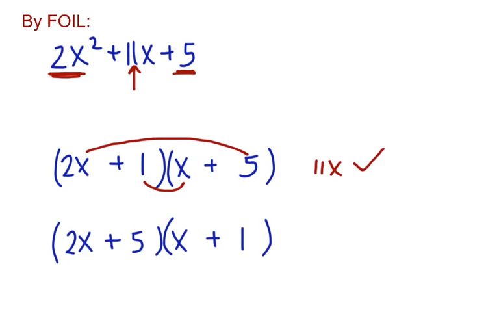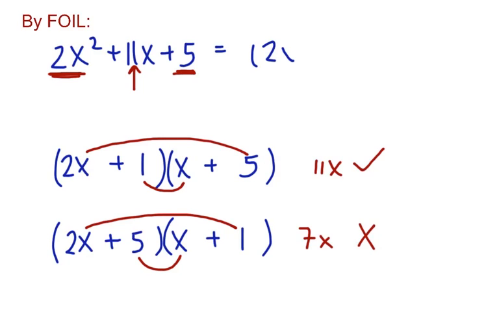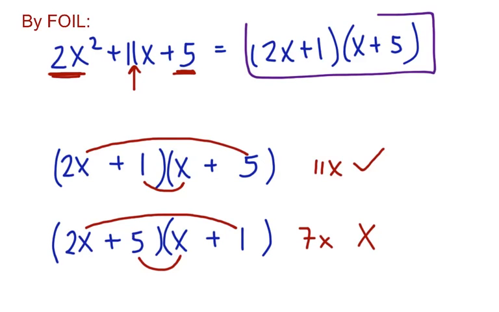But just to prove the point that that was the only one that worked, our outer here was 2x, our inner was 5x, that would have added to 7x, which of course would not be the 11x we were looking for. So what we found here is that the result should be 2x plus 1 multiplied by x plus 5, and that will be identical to what we found before.